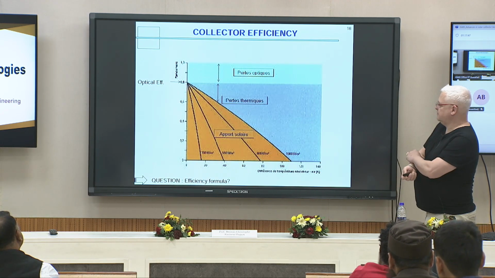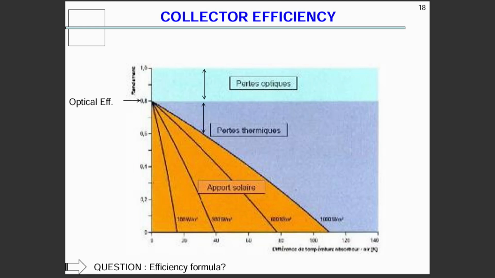Classical data about this. It's a classical representation, sorry, I've got a better one, but just to show you the three things. It's a classical curve of efficiency of a solar thermal collector.